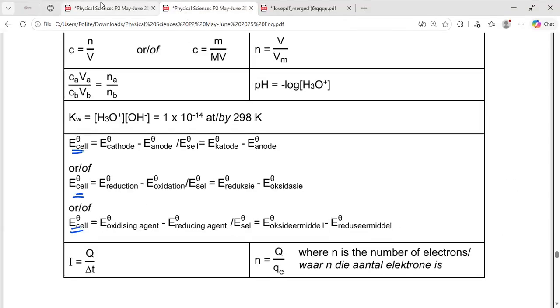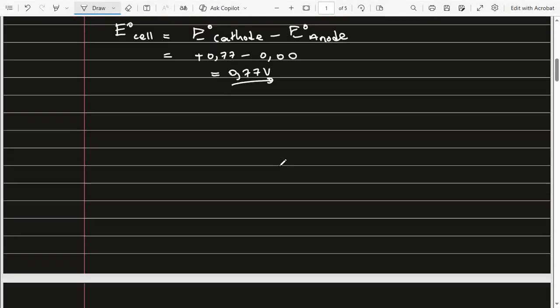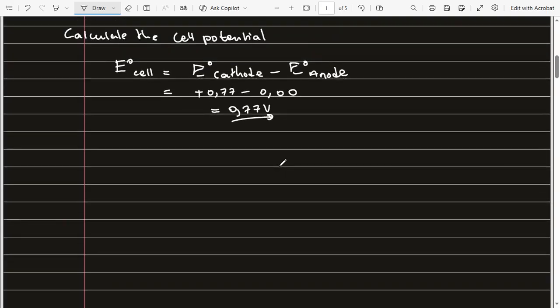So for us to understand which one is the cathode, remember, you need to recall the definition of a cathode and also the definition of an anode. That's what you need to understand in order to get 8.3 correct.